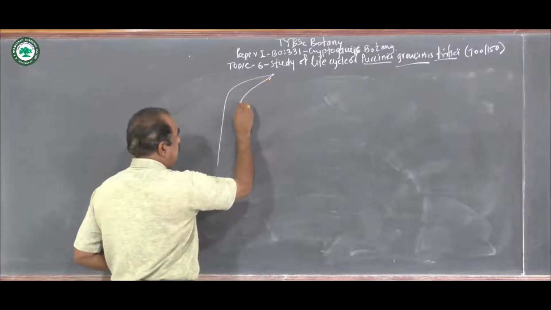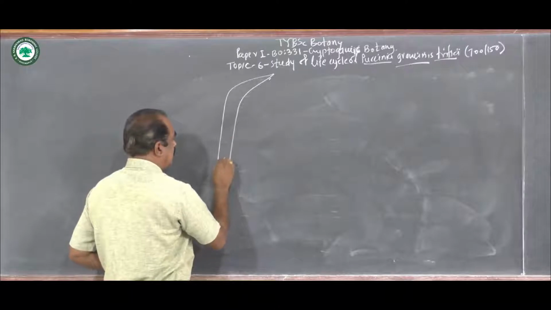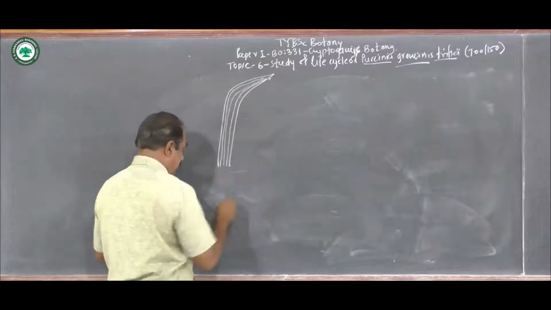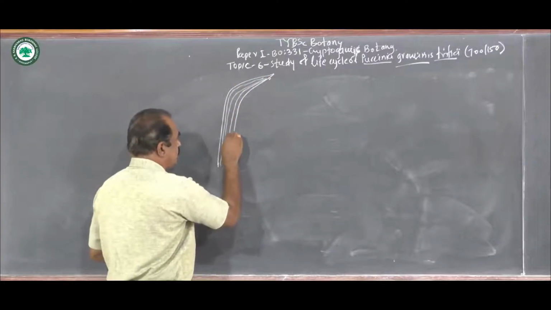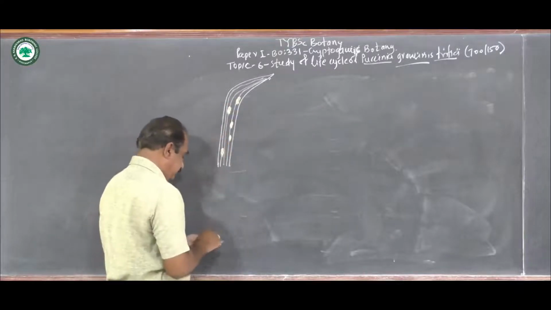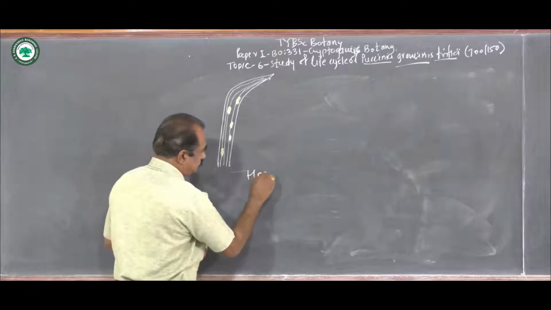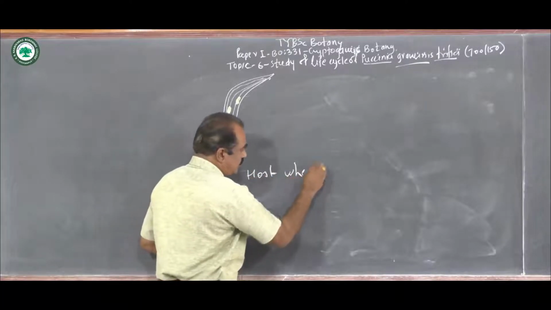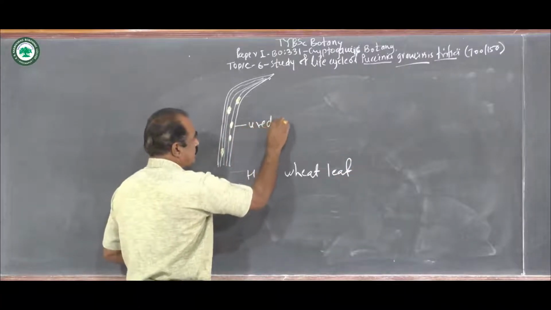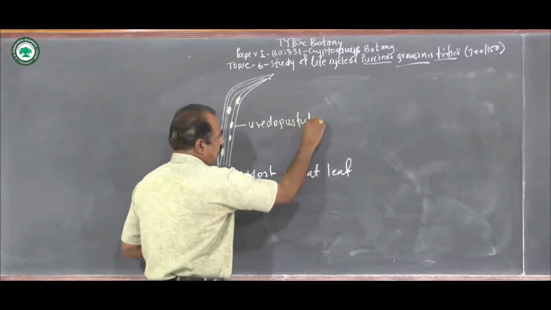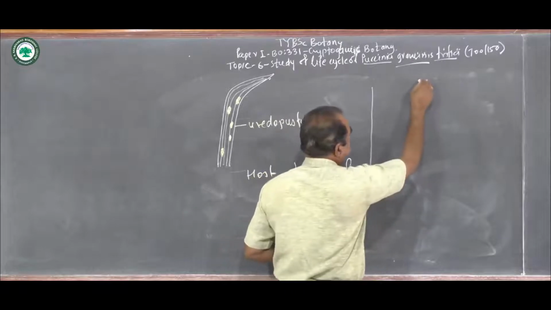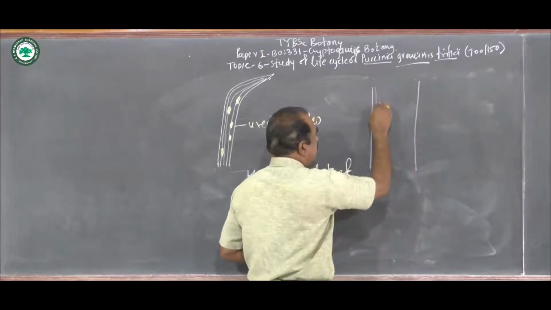So this is the wheat leaf, and these are the uredopustules. This is part of the wheat leaf.